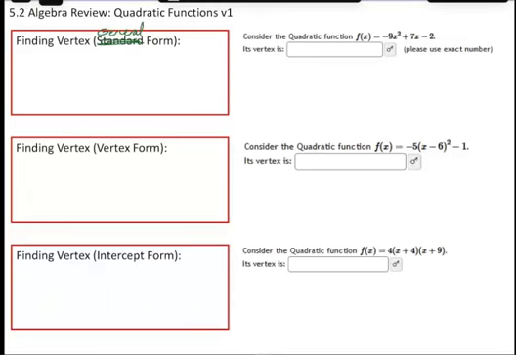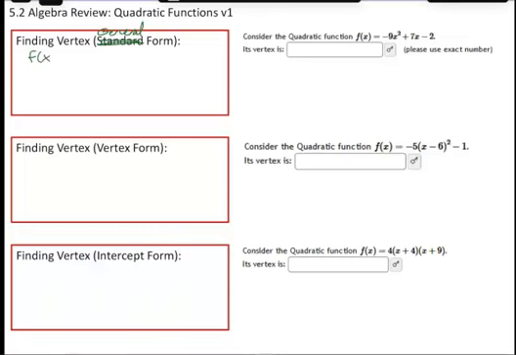And there's a different process you use for each one. So the idea is not that you need to convert to one form because you only know the pattern for one form. The idea is that you can do it in any of these 3 forms. So let's take a look at how to find the vertex of a parabola using general form.